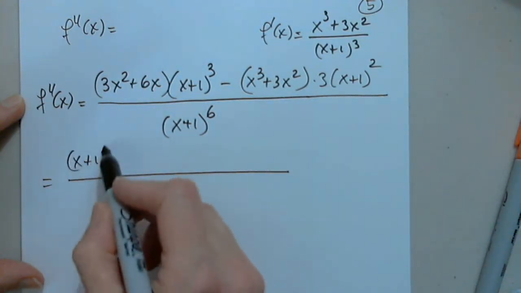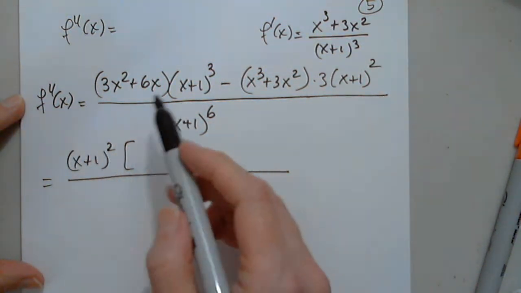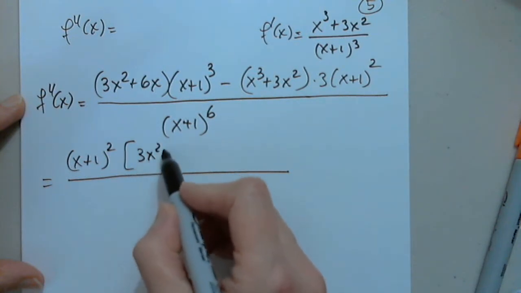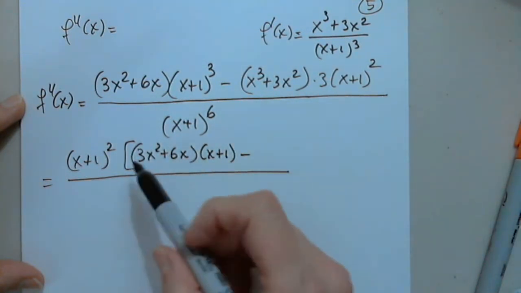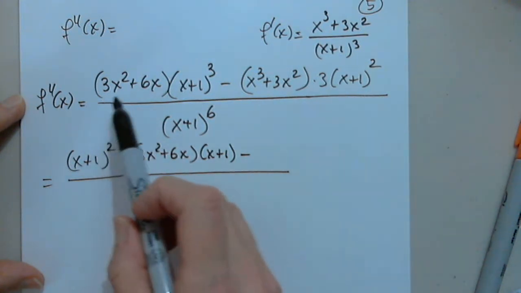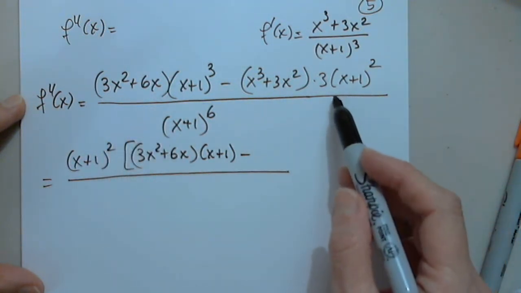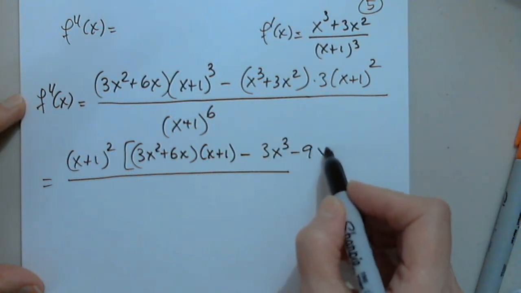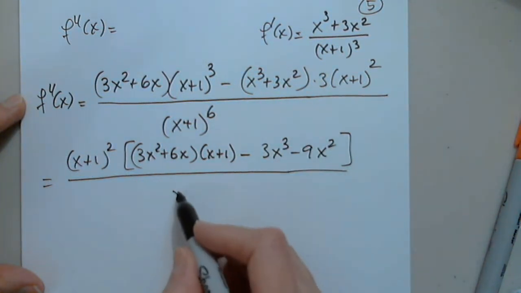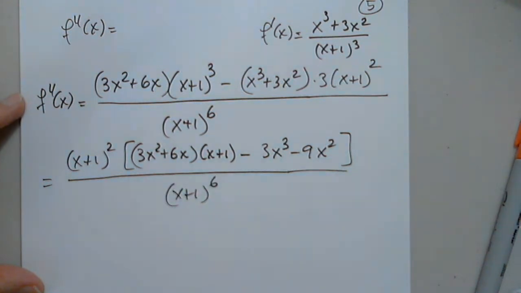So here I have 3x^2 + 6x times (x+1), and minus... I could have factored the 3 as well. Too late. So minus 3x^3 minus 9x^2, over (x+1)^6.